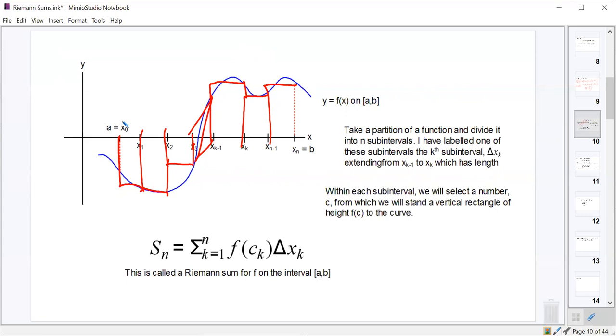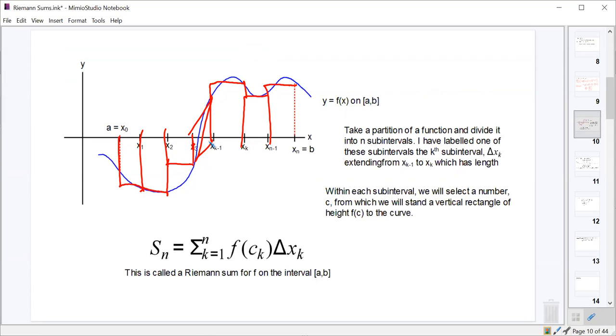What we want to do is find a way to get an infinite number of these little rectangles inside of here, right? All these little sums that we've been doing, these approximations, we call these Riemann sums, and all of them just come from taking the delta x value and multiplying it by the height of the function, when we're doing the rectangular ones.